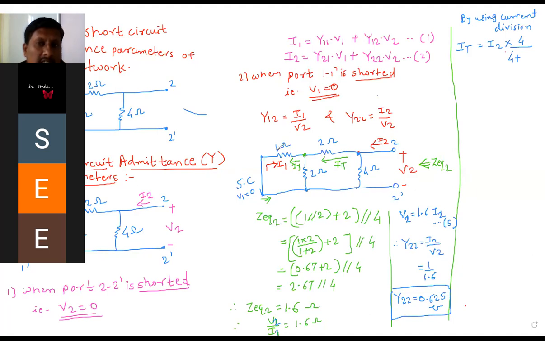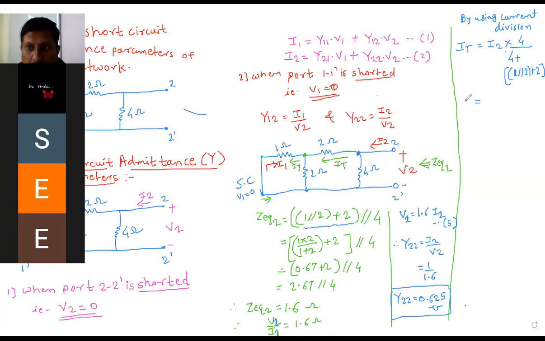That is 1 is parallel with 2, that is in series with 2. That we have already done here. 1 parallel with 2, that is in series with 2. So this is the total equivalent impedance through which IT is flowing.